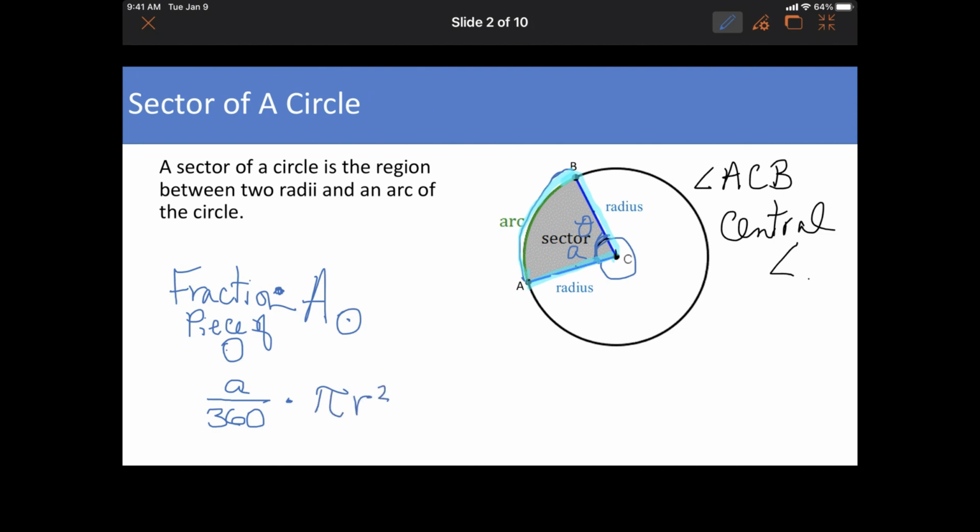I should still be able to just write area of a circle, and you should know what that is, but I'm going to write it out specifically. And this equals the area of a sector. All right, so this is a formula. And you should be able to create this formula anytime because it's the fraction times the area of a circle.